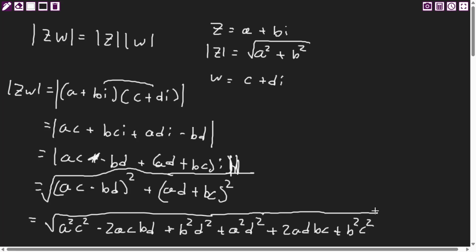Okay, so now in this separate box here, notice that these terms will cancel out, the plus and minus 2 ad bc.